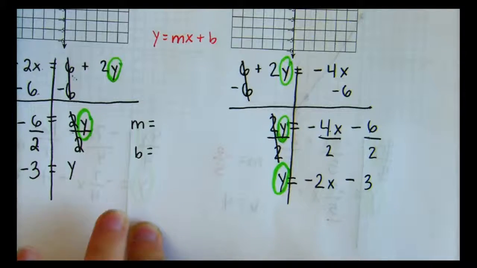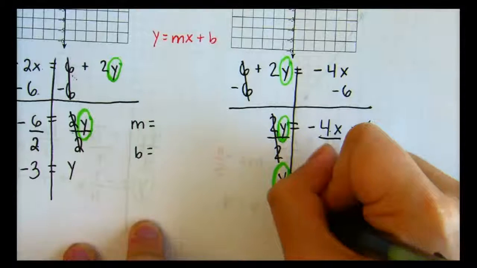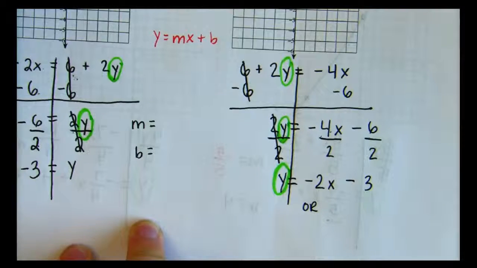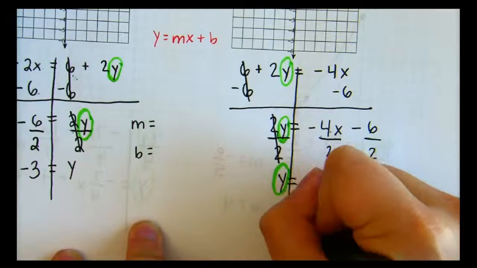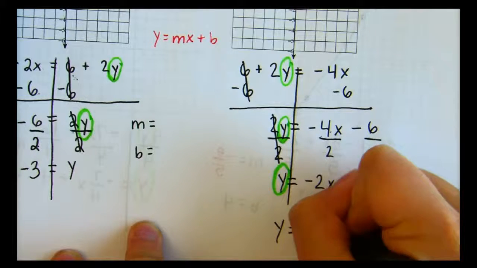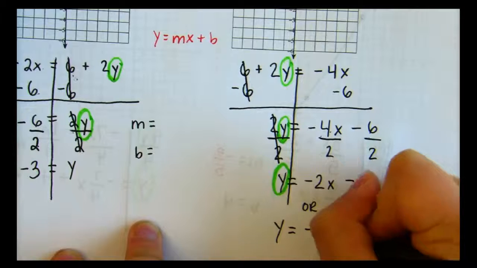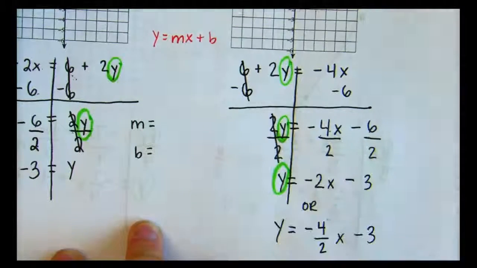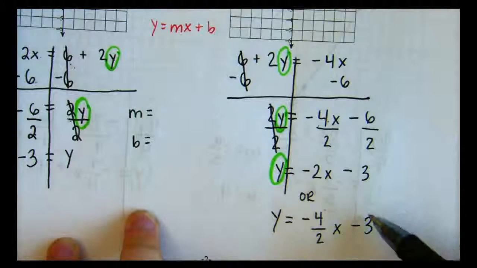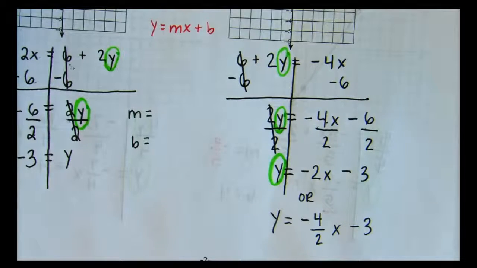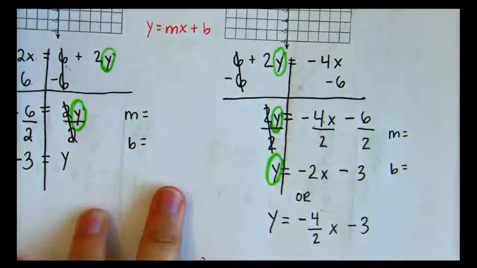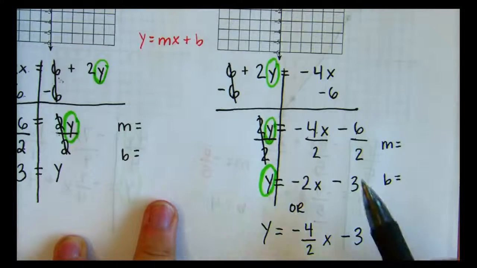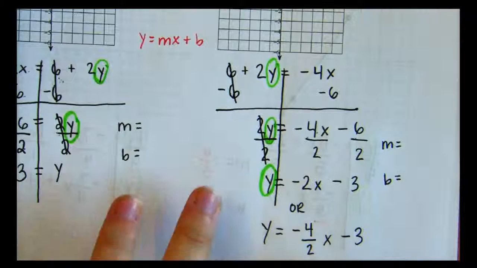So you could have two potential answers to this. You could have y equals negative 2x minus 3, or y equals negative 4 divided by 2x minus 3. Both of these lines will look exactly the same when you graph them. So go ahead and find your slope, find your y-intercept, and graph either one of these equations.